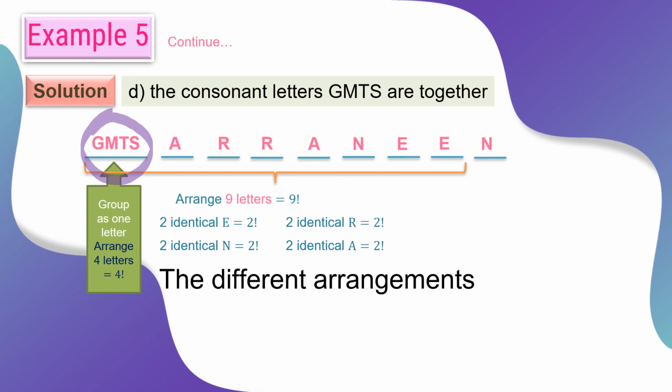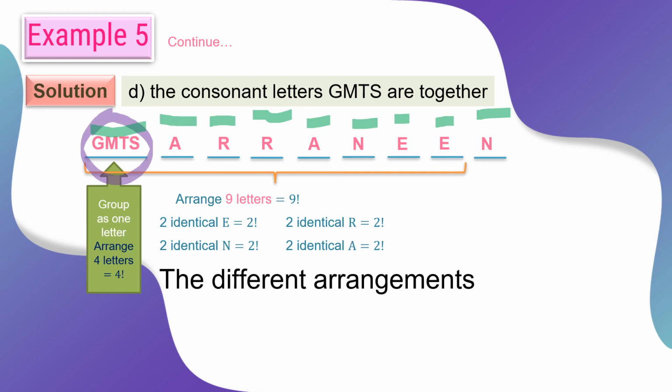Next, how to write down? Because when you try to calculate, this is first, second, third, fourth, fifth, 6, 7, 8, 9. So you have 9 places or 9 letters you can arrange.